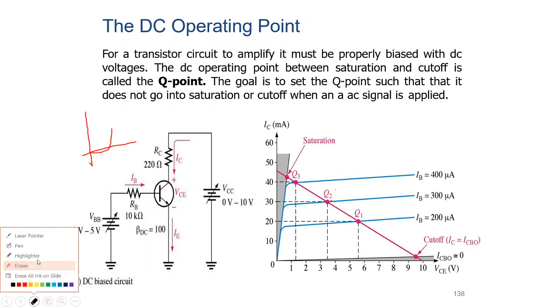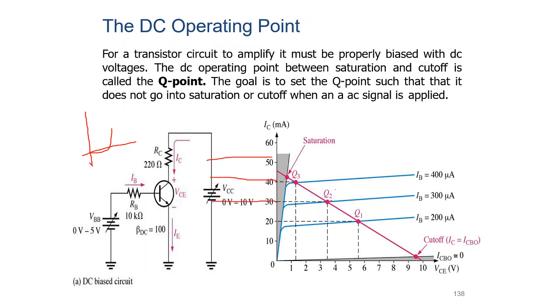Suppose in another case I choose the Q point over here, at the top, in the saturation region. If we apply a sinusoid like this, what happens? Since it is in saturation, the current is going to be clipped off, and the signal will be present like this.